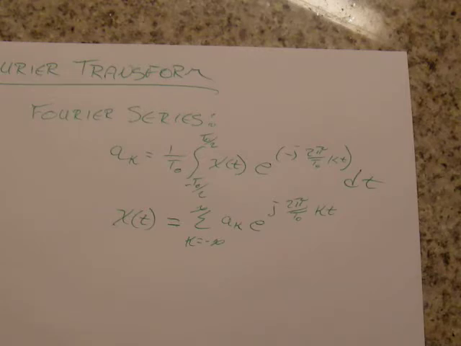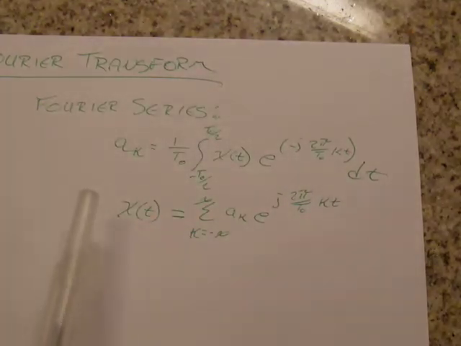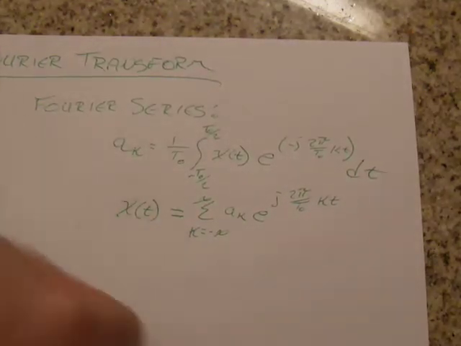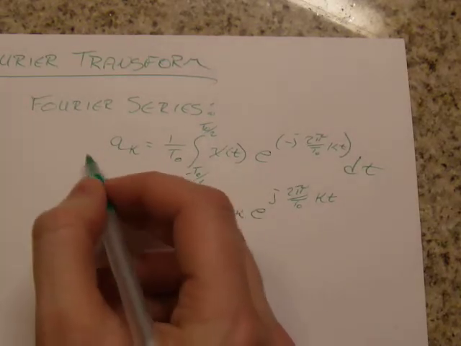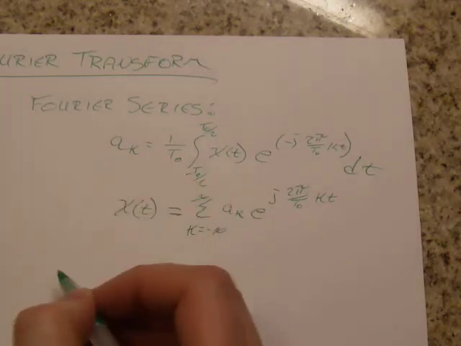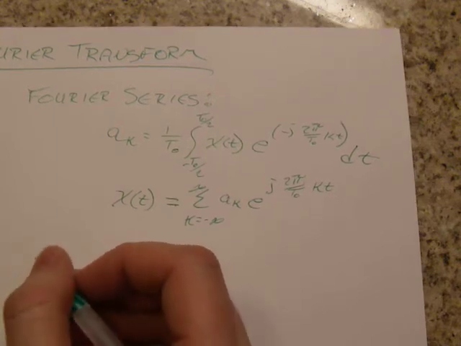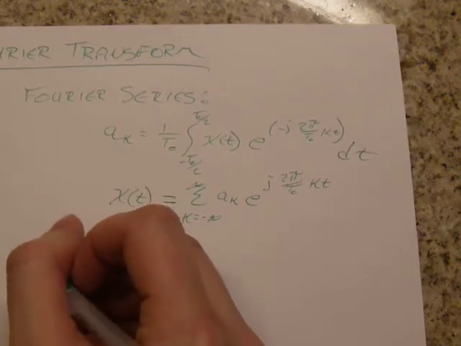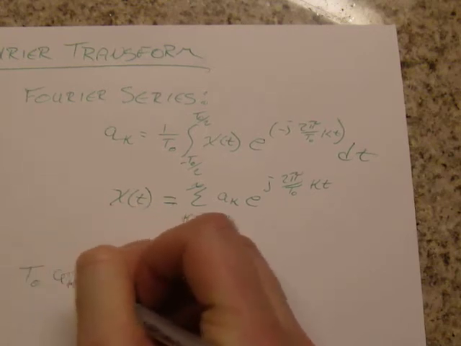In order to do this derivation, the first thing we're going to do is take this first equation and multiply both sides by t naught. So that gives us t naught a of k.